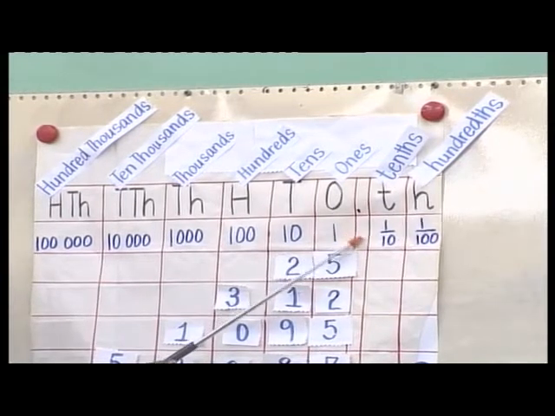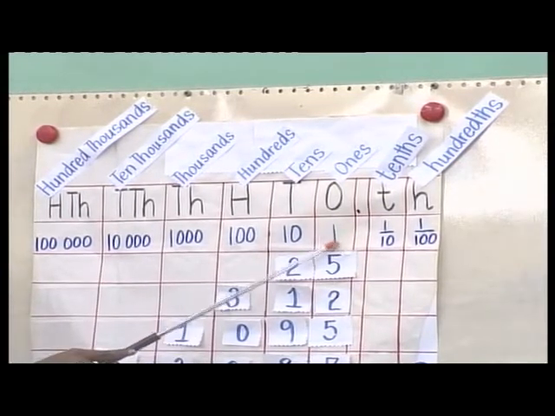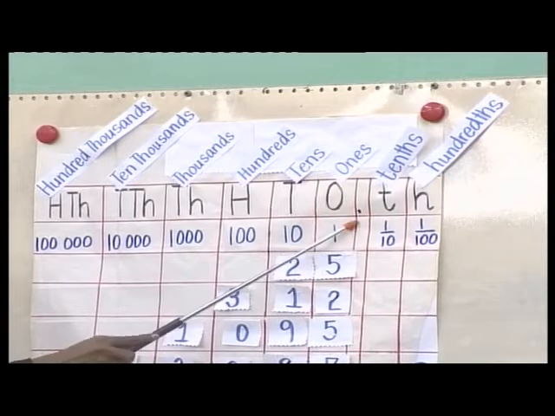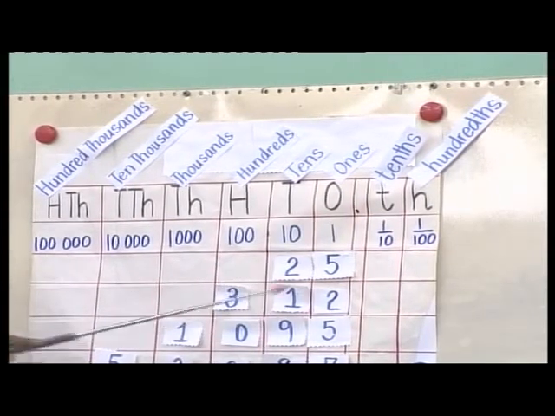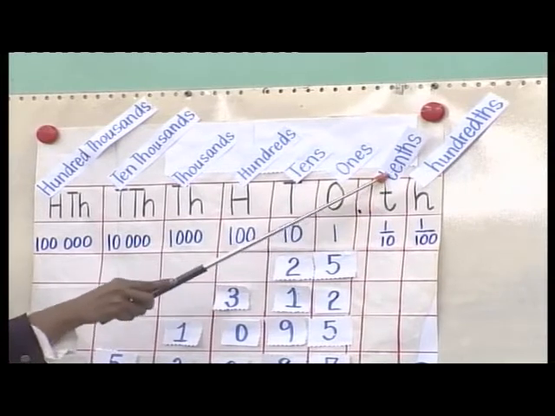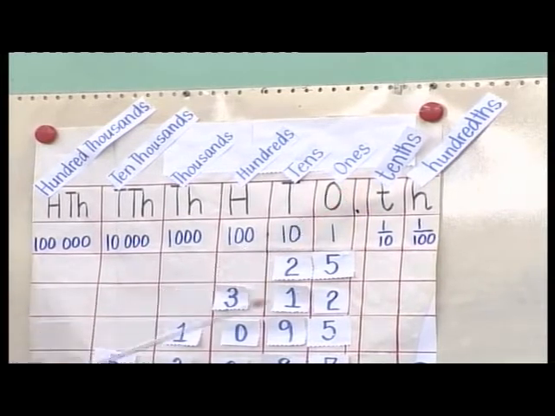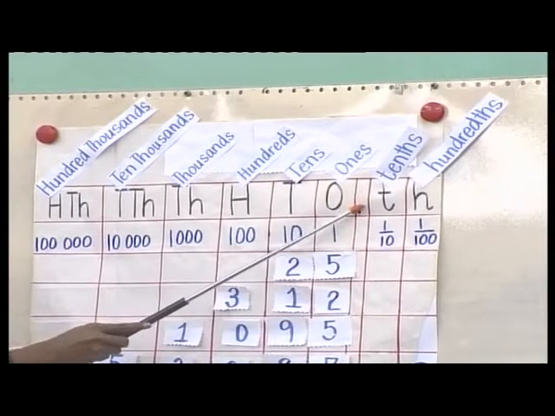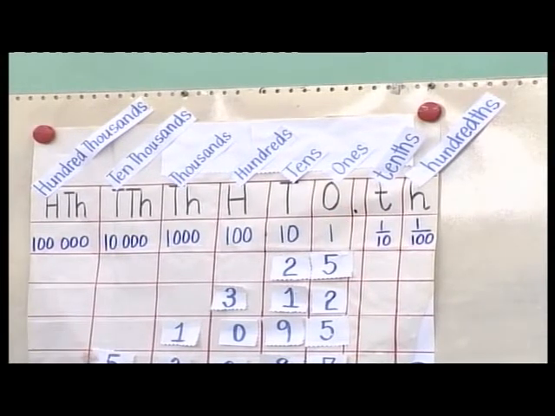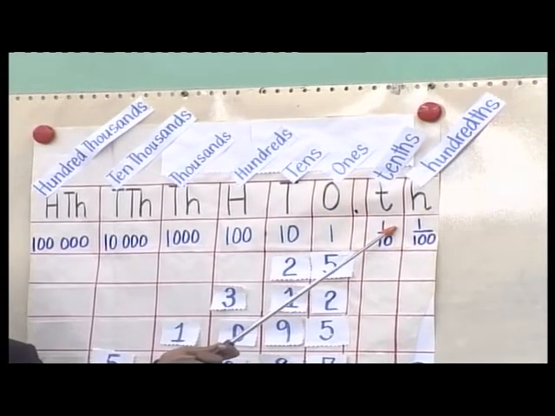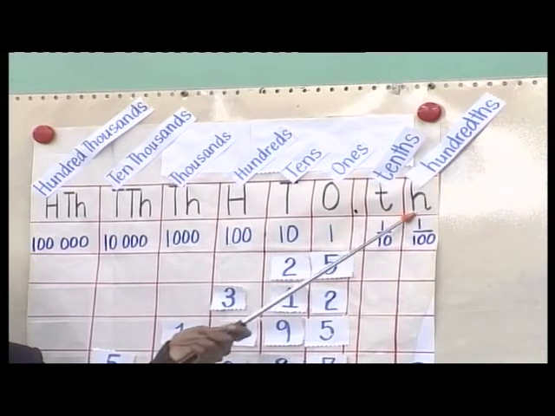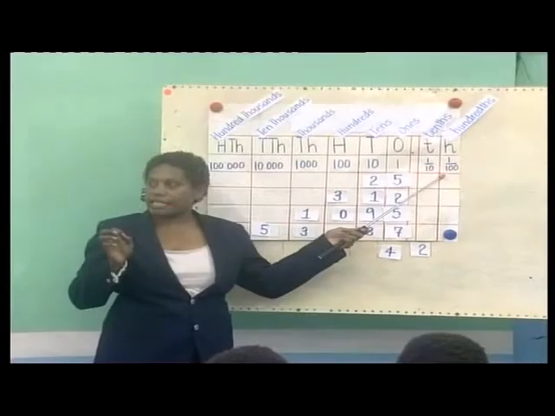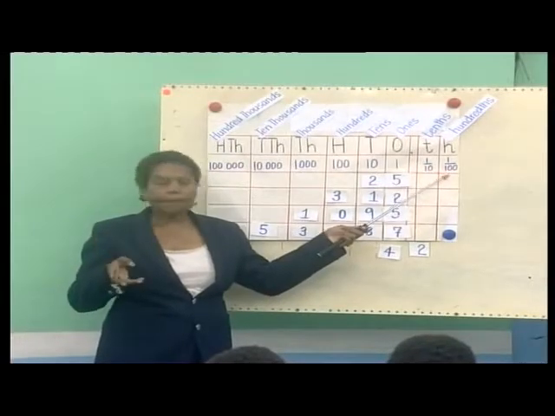Don't forget after the place value 1, you have your smaller numbers, all right? The value of tenths here is 1 over 10. It's a fraction, okay? The value of tenths is 1 over 10, or you can say 0.1.